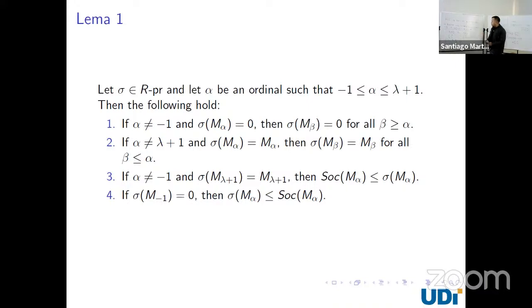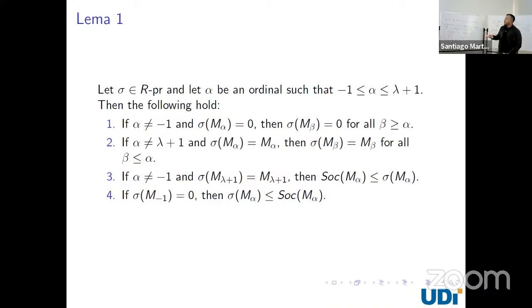And we can see it through this property, because if it annihilates something that is before it, radicals fulfill this property about direct sums, we can split here, and since it is going to be 0 in sigma alpha, then sigma of m beta is going to be 0 too.